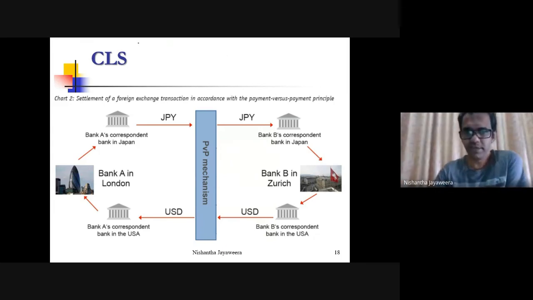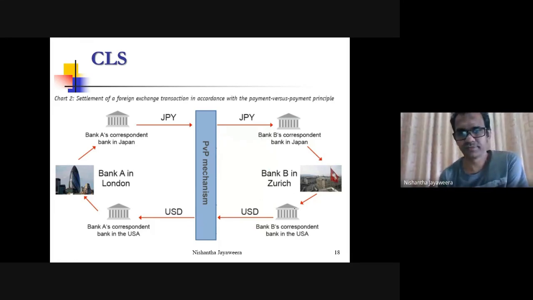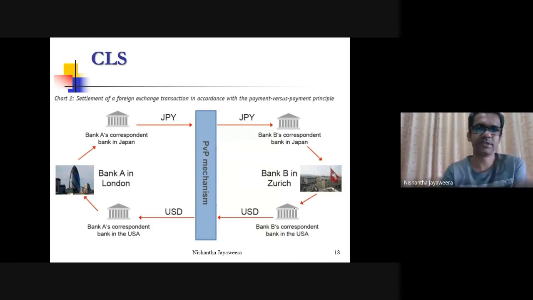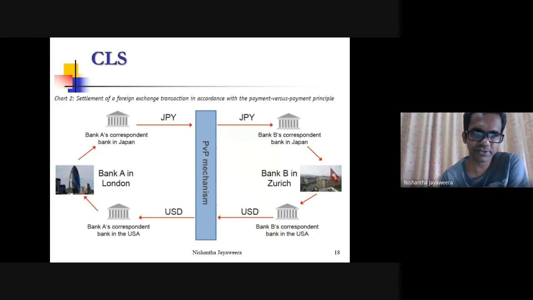If the yen balance is not available, the CLS agent will not transfer the dollar amount. Or if the dollar amount is not available, the CLS agent will not transfer the yen amount. Like in our DVP, foreign exchange, government bond settlement. So therefore, this will reduce the counterparty risk or the settlement risk.